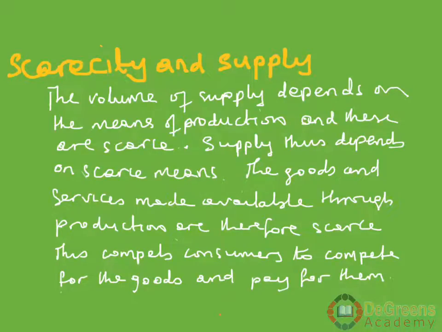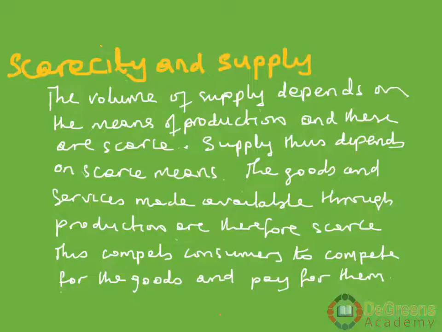If we look at scarcity and supply, we look at the volume of supply. The volume of supply depends on the means of production, and these are scarce. Our means of production, land, labor, and capital, are not free. They are not just freely available like sunlight.